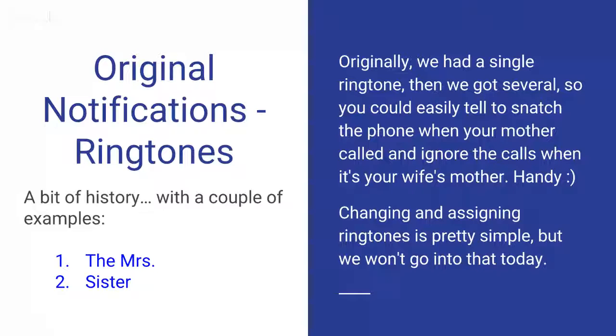Then when mobile phones came out, initially it was a similar deal, but then they gave us the ability to have multiple ringtones, and we could actually indicate per person, which is what the current versions of the phones allow you to do, that you want a different ringtone sounding when a particular person calls you.